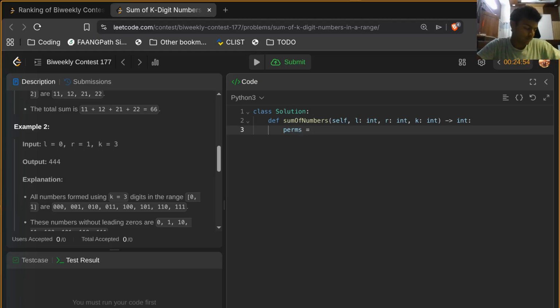k to the power of n, where n is equal to r minus l plus 1.